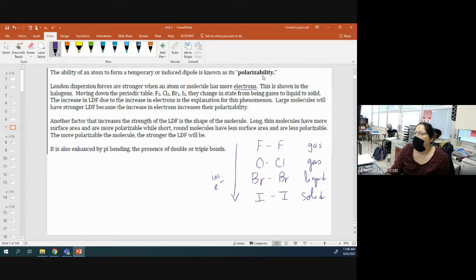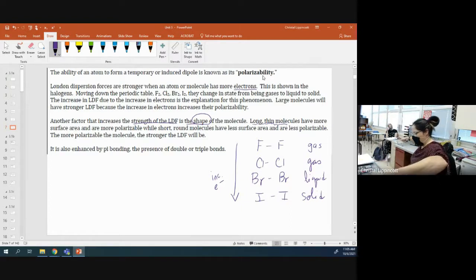Another factor that affects the strength of the London dispersion forces is the shape of the molecule. Long, thin molecules have more surface area and are more polarizable than short, round molecules. And again, if we go back to my glass analogy, if I've got a tube of water that I'm carrying down, and it's kind of round, I can kind of keep that water in play.